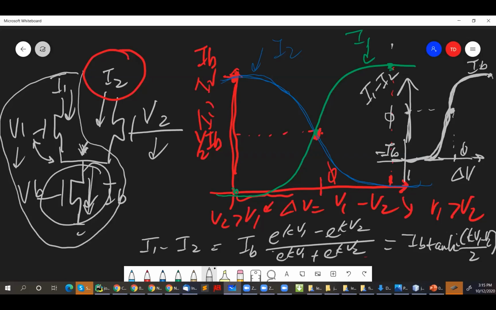Which means that your IB current is going to change. It's not going to be one constant value, but it's going to change depending on what VDS is of this transistor, which is just V minus ground, which is V.